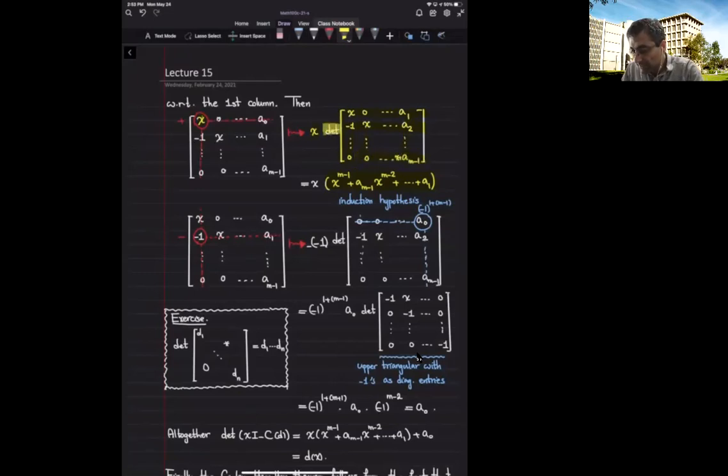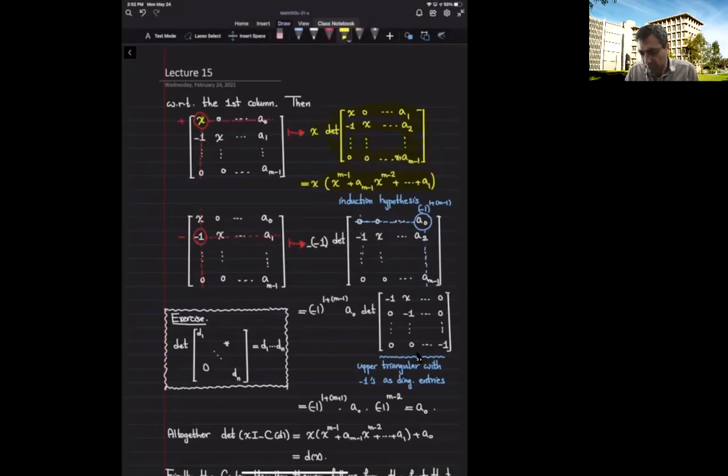So I can use the strong induction hypothesis: this matrix is nothing but the companion matrix of this polynomial, and therefore its determinant, by the induction hypothesis, is the same as this polynomial. So this term of the expansion with respect to the first column is easy.